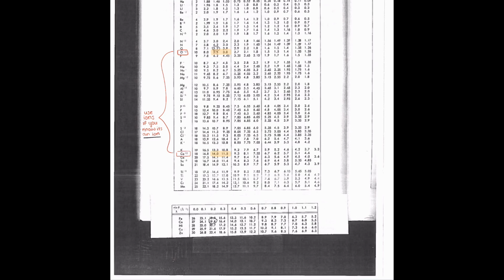The reason why we need to go in between 2 and 3 is because for the 111, our sine theta over lambda was 0.203, which is between 0.2 and 0.3. And for the 200, it was 0.235, which is once again between 0.2 and 0.3. So we're going to look at 0.2 and 0.3 corresponding values to try and interpolate the answer. So we have 5.5, 3.8. Go ahead and write these down.